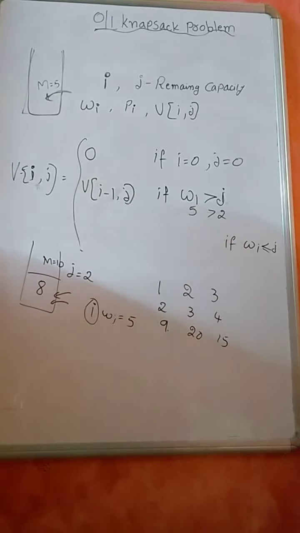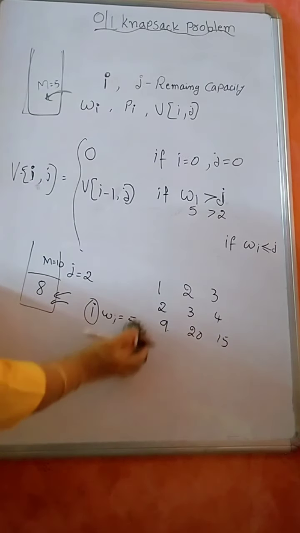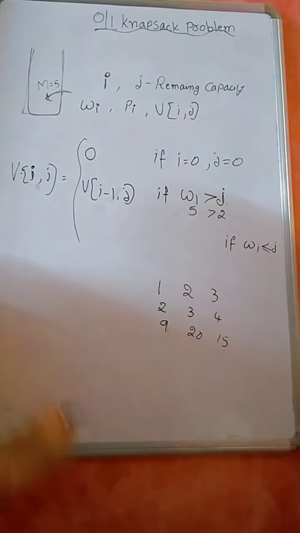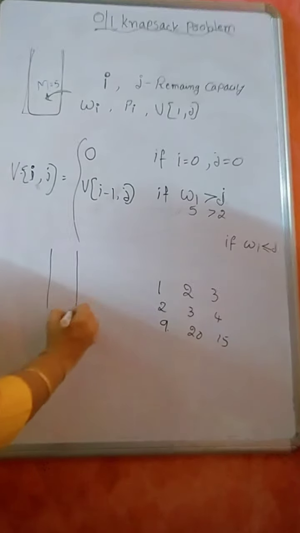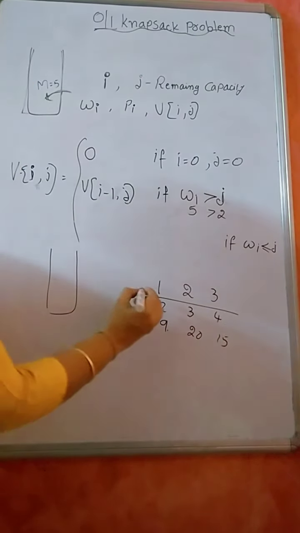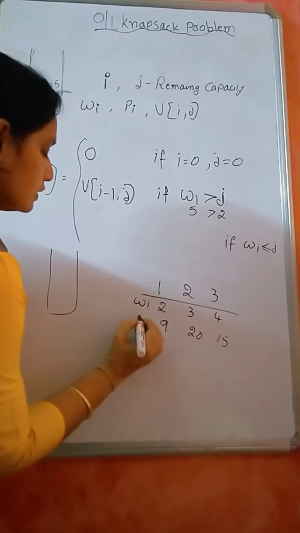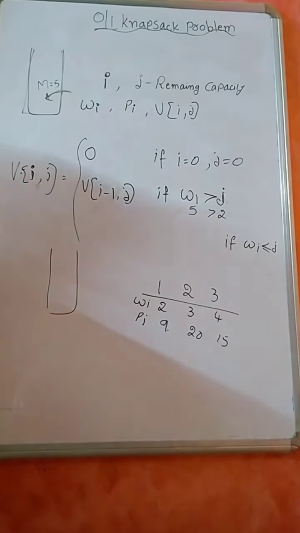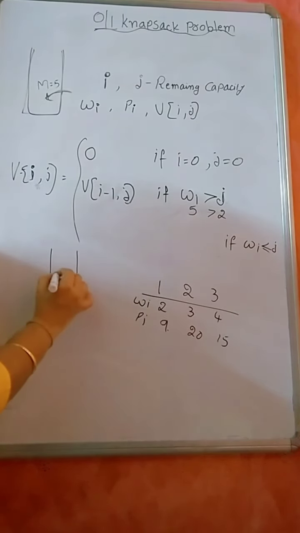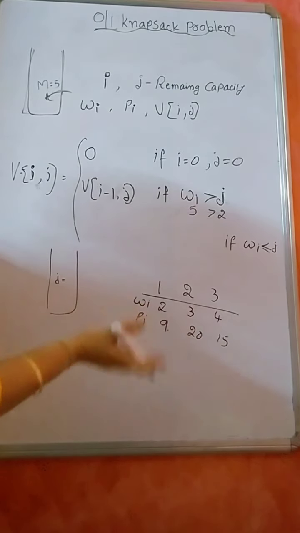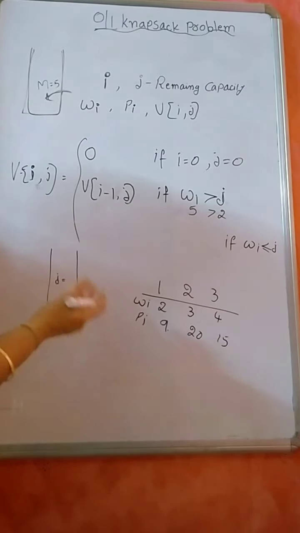So in this situation, assume that these are the objects, these are the weights, and these are the profits of those 3 objects. What is the remaining capacity here? Assume that I have already inserted something and the remaining capacity is something like that.